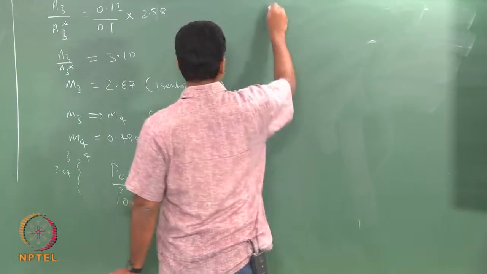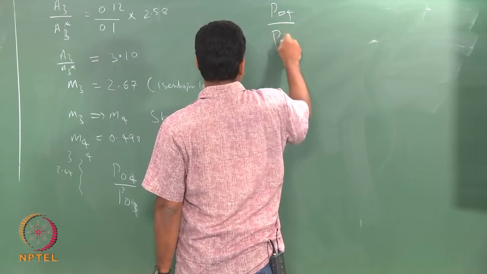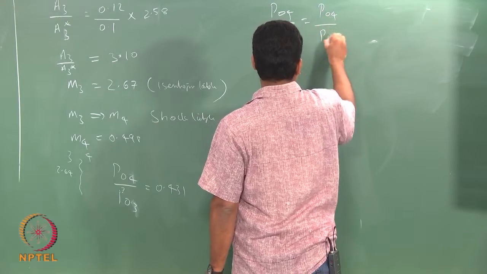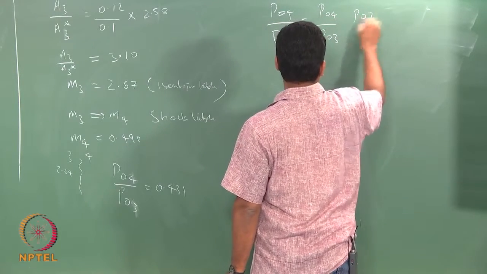So, the question is to find P04 by P01, which is P04 by P03 into P03 by P01.